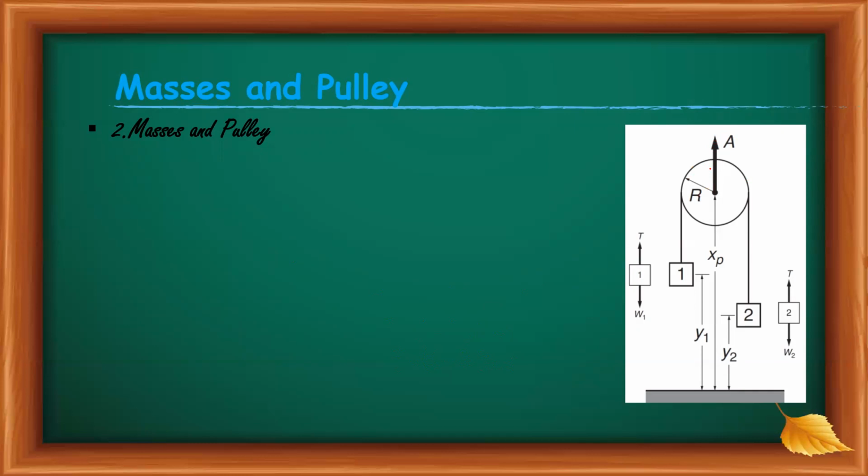Here also we assume that the total system, the pulley with these masses, is moving upward, and also due to the two masses hanging on the pulley, they may move up or down according to their masses.